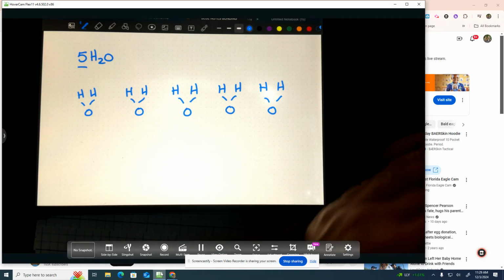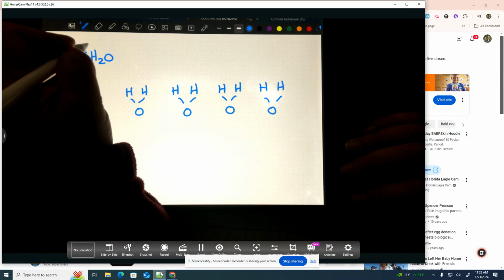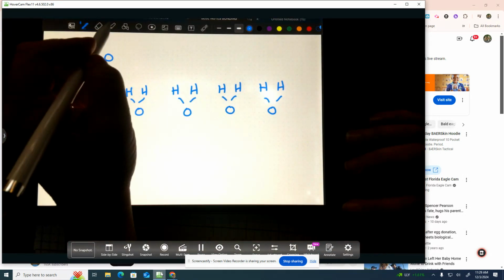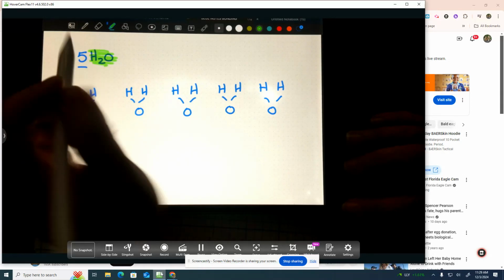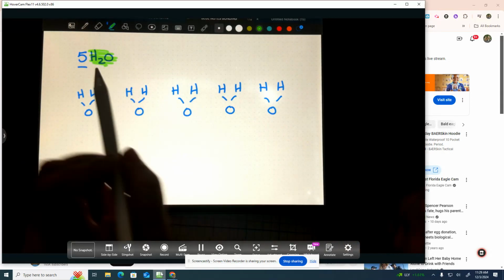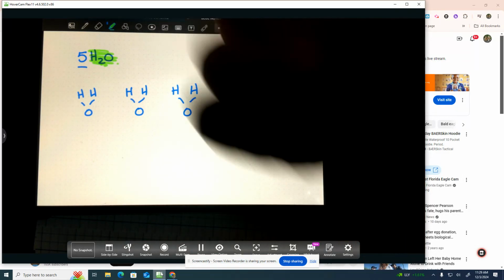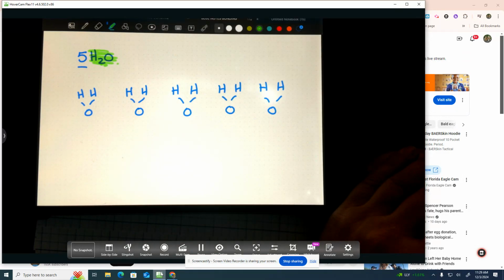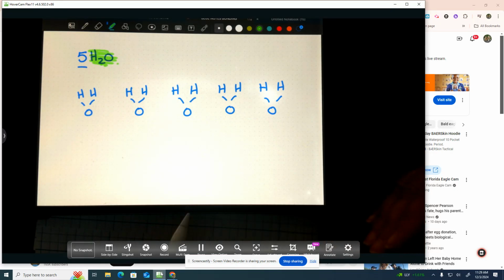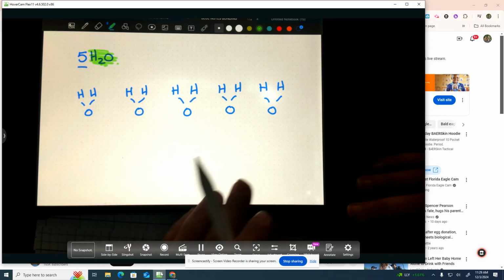It could be whatever number, because all it's telling you is that I have that many of whatever this is. Can I change these subscript numbers? No. Where do those subscript numbers come from? The formula, right? So if I change those subscript numbers, am I dealing with water anymore? No. Okay, all right, next word.